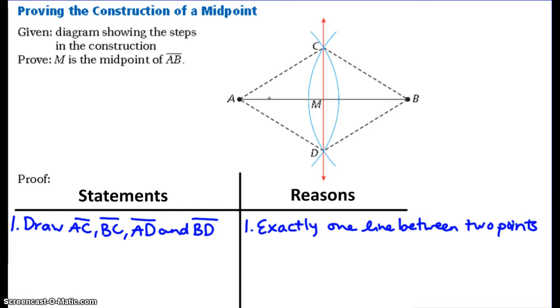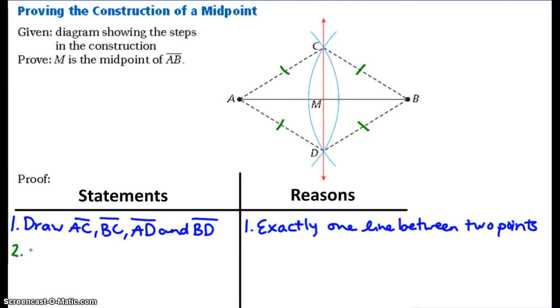Alright, now I can say that AC and AD are equal measures because that is the definition of the compass. I set it to a certain width, and then I did it from point B without changing the compass width, so that means that BC and BD are also the same length as AC and AD.